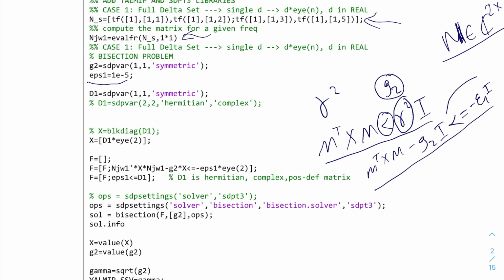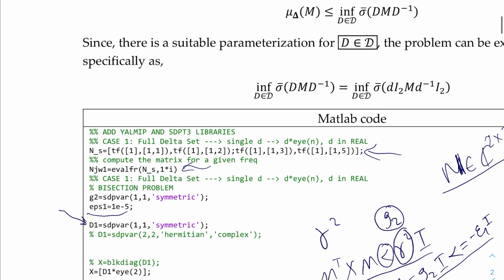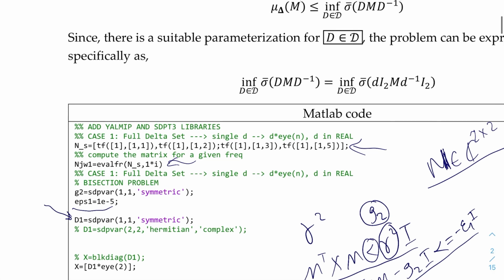So we will do something like that because we can't do less than 0, due to some numerical issues, right? And here D1, and we know what D1 is.